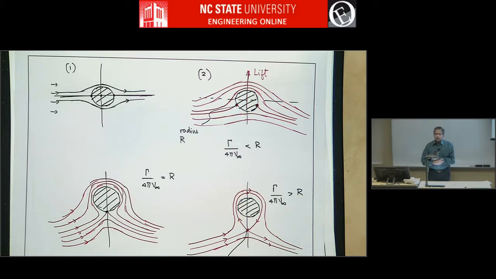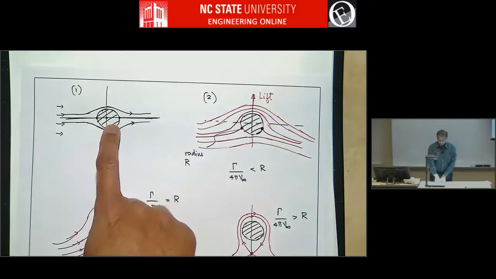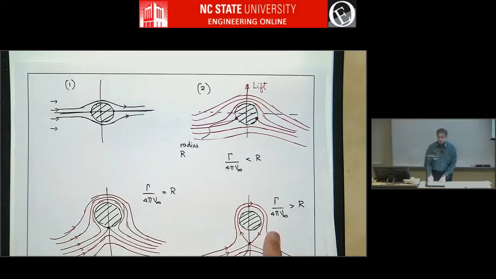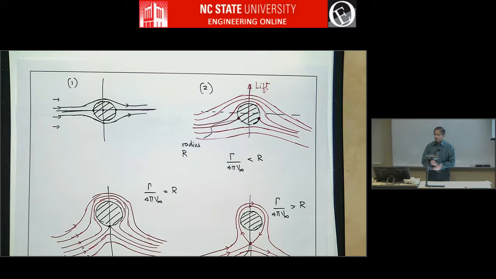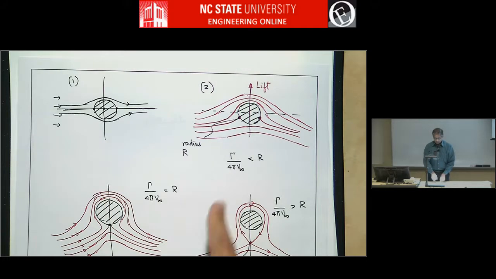Then there are actually an infinite number of solutions, because all of them satisfy the wall boundary condition, and all of them satisfy the infinity boundary condition, so they're all valid flows. The only difference between all these flows is the amount of circulation, or the vortex strength that you use to create this circulation. So in some sense, all of these are valid solutions.